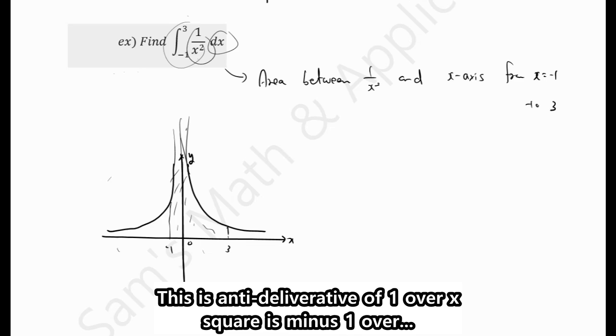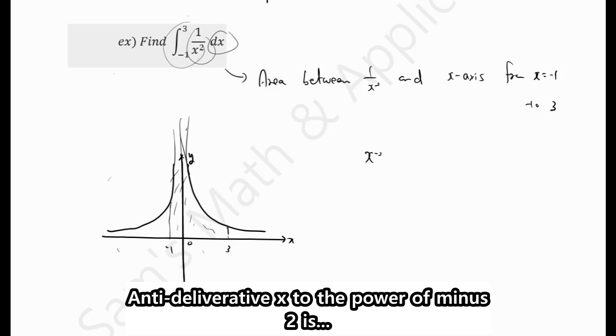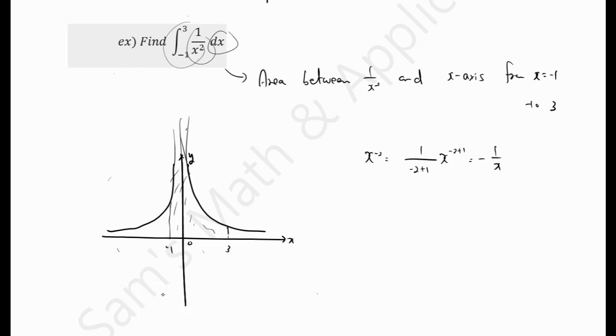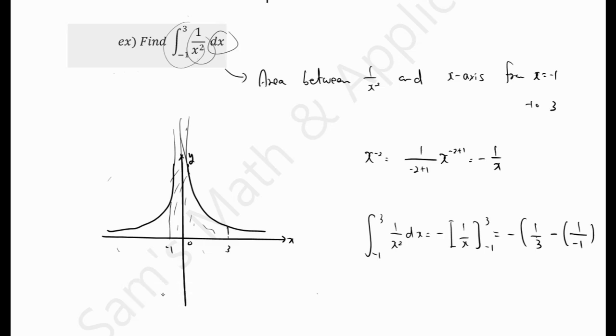So the antiderivative of 1 over x squared, that is x to the power of minus 2, is x to the power of minus 2 plus 1 over minus 2 plus 1, which is minus 1 over x. This definite integral is minus 1 over x from minus 1 to 3: minus 1 over 3 minus (minus 1 over minus 1).